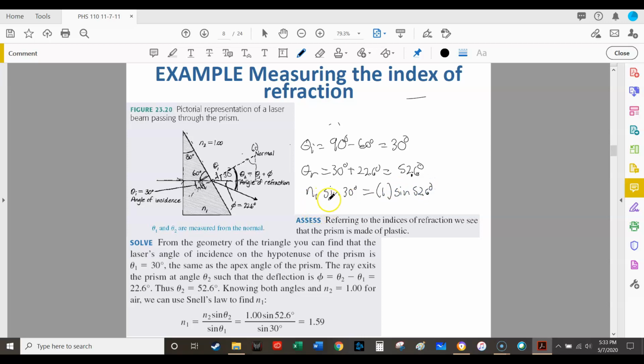And then N1 is just going to be equal to 1 times the sine of 52.6 divided by the sine of 30 degrees, right? And that works out to be 1.59.